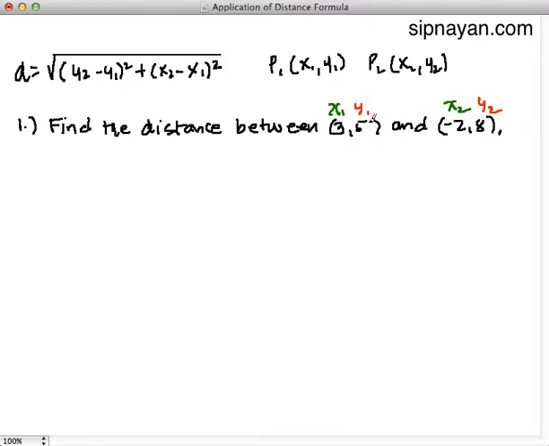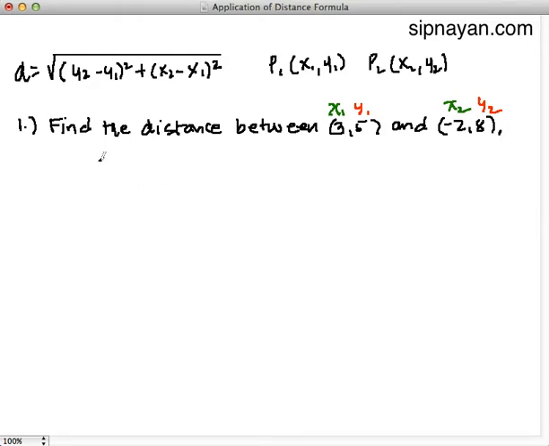Ang maganda na merong label kasi mas madali siyang i-substitute dito. Minsan kasi ang pagkakamali dyan is na babaliktad yung mga given, or yung mga coordinates. So, notice that y must be subtracted from y, and of course, x must be also subtracted from x. So, pag x and y, mali yun. Dapat yung y sa y, and yung x sa x.